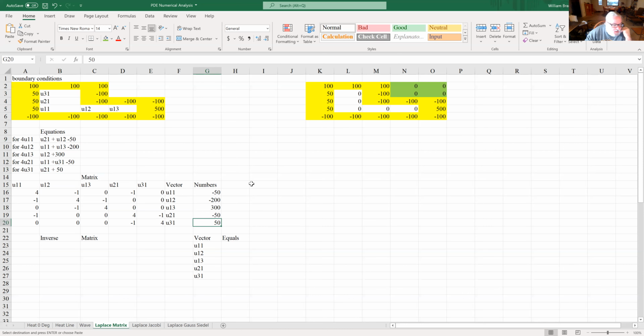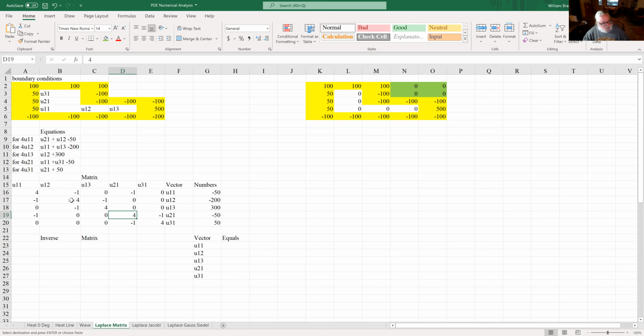That's our vector B. If we're thinking about Mx plus B, here's our matrix of coefficients. It's called a diagonally dominant matrix, which means that the largest number in each row and column is the number on the main diagonal. This always happens when we do this kind of approximation. And you can show that these kinds of matrices always have inverses.